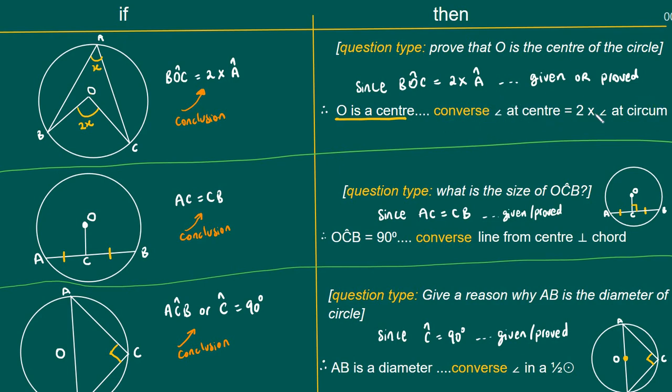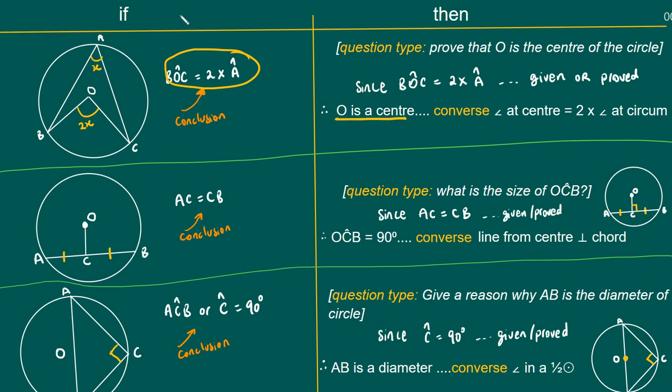You just say converse angle at center equal to 2 times its circumference. What you are simply saying is that this can only be true if O is a center. Of which, on the previous slide, this was the condition. You had to have a center for this to be true, for you to conclude this. But for a converse, you are given the conclusion.